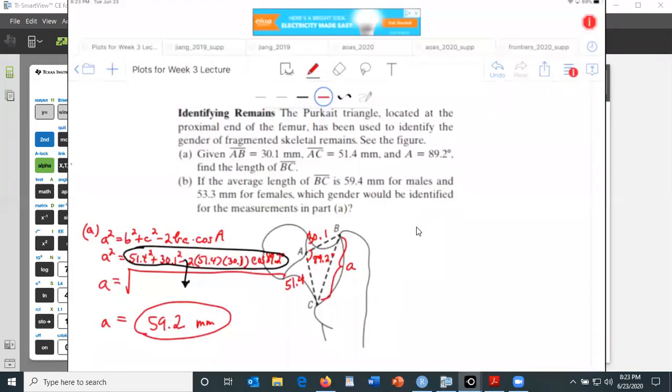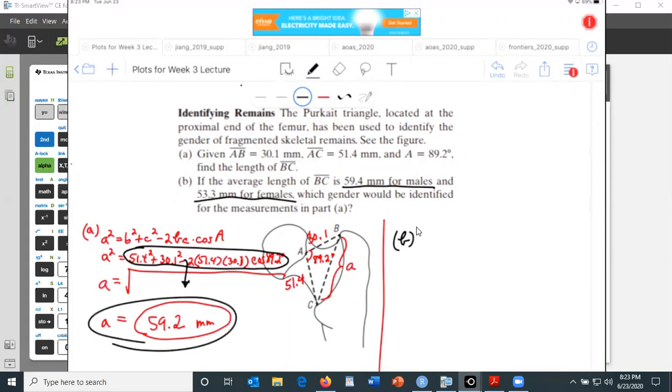All right, so now let's answer question B. If the average length of BC, which we just found, is 59.4 millimeters for males and 53.3 millimeters for females, which gender would be identified with this measurement? Of course, the one that's closest is what you would go with.